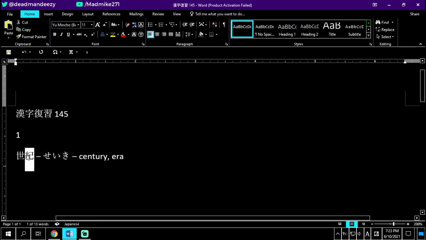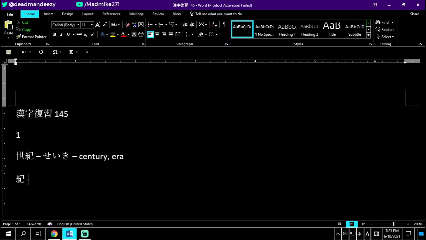On the left side, we have generation or the world. And on the right side, we have a new one. Ki. Let's double check that this is a new one. Yeah, don't know this one. So, onyomi ki, which means chronicle, narrative, history, annals, geologic period, or account.